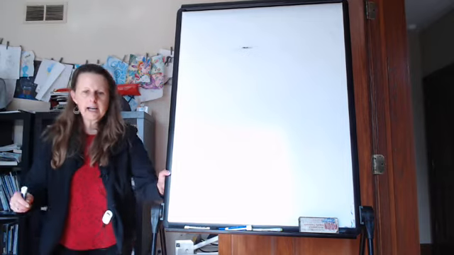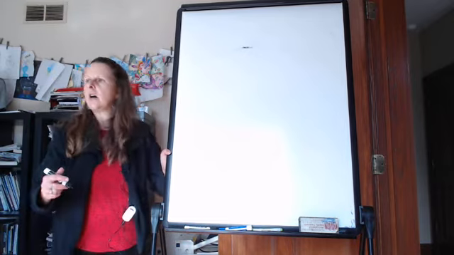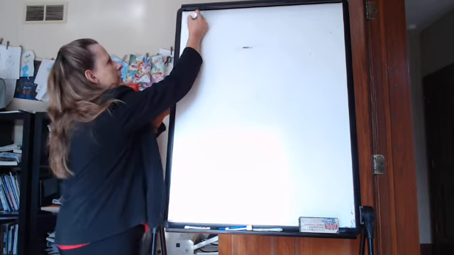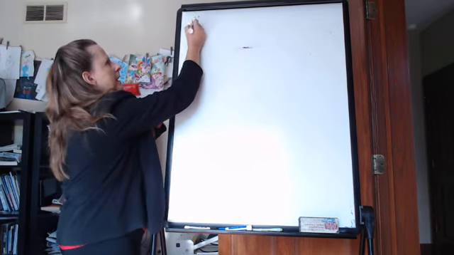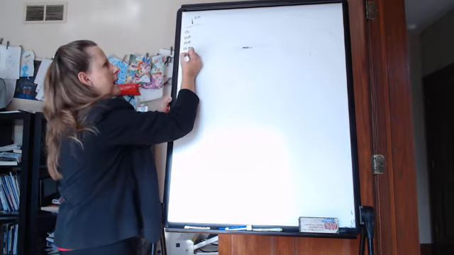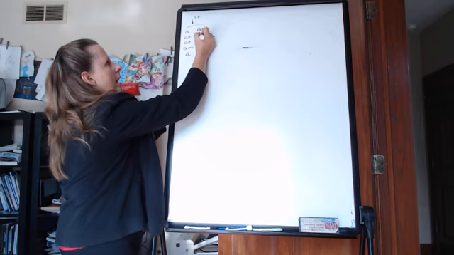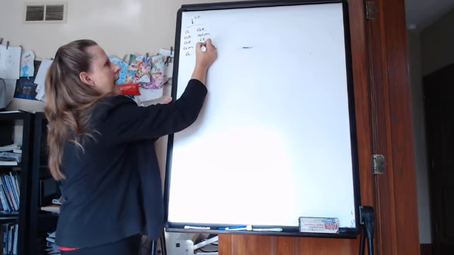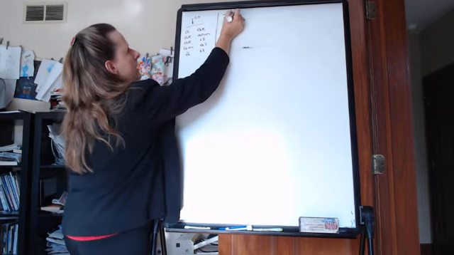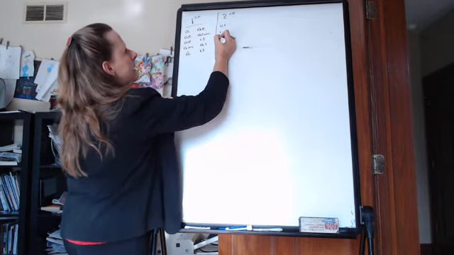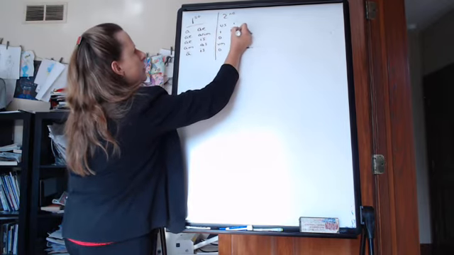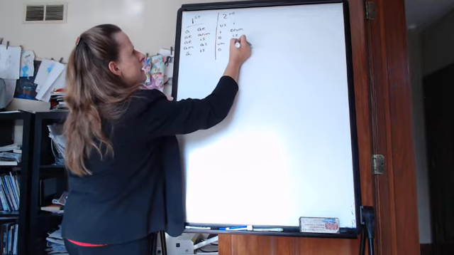Let's start out by putting on the board all of our noun endings so that we can refer to them. So here we go. First declension: ae, arum, is, as, is. Second declension: us, o, orum, is, as, is.